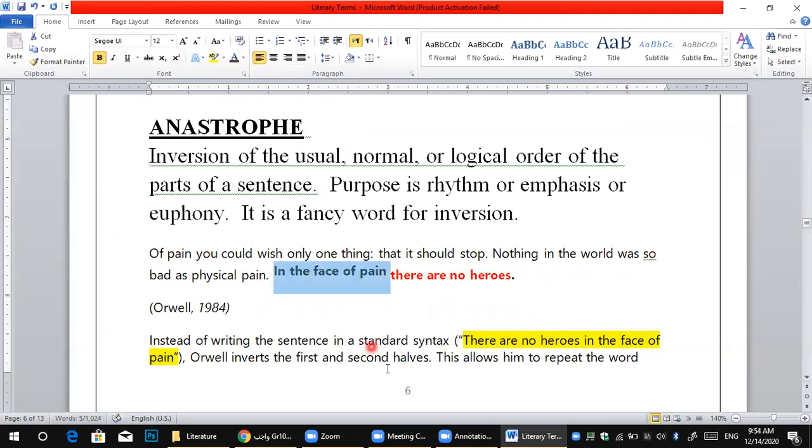In the face of pain. Okay, so here this part is called anastrophe. Why anastrophe? Because he changed the structure of the sentence. Okay, "There are no heroes in the face of pain."